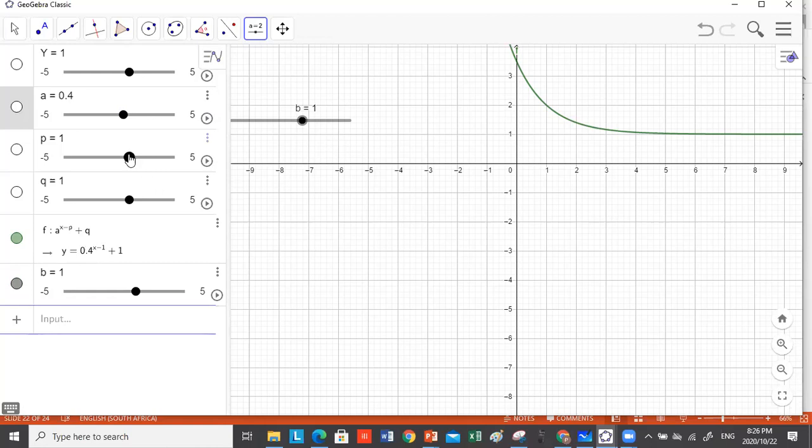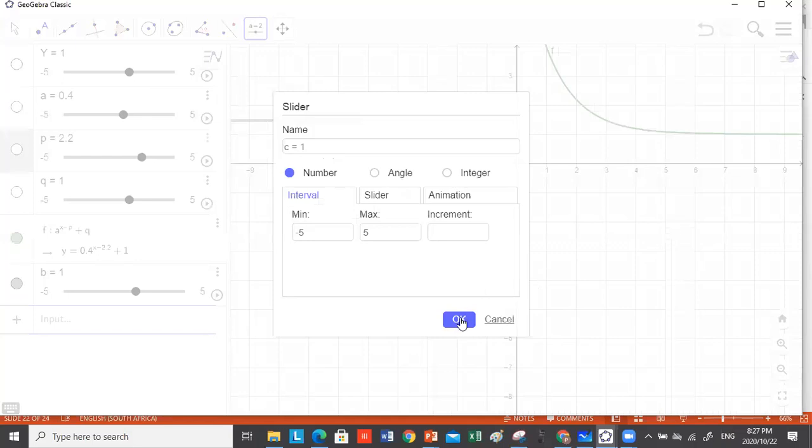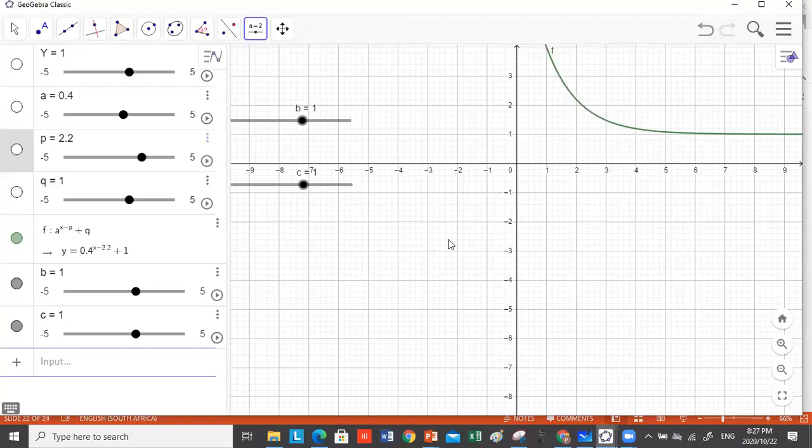So let's see what is happening if P is increasing. If P is increasing, our function is moving away from the point of origin.